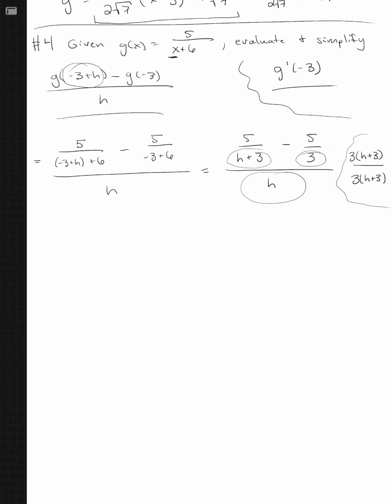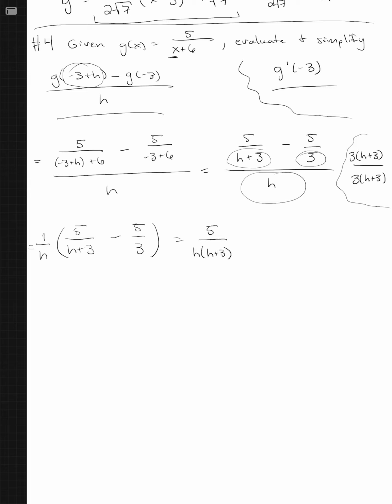The other is to notice that dividing by h is the same thing as multiplying by 1 over h, right? And then we can distribute, right?